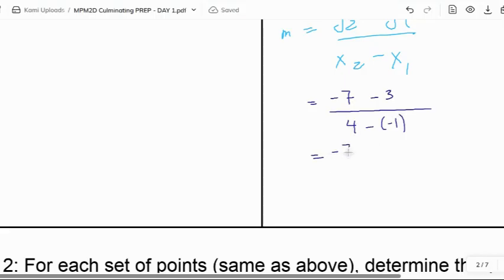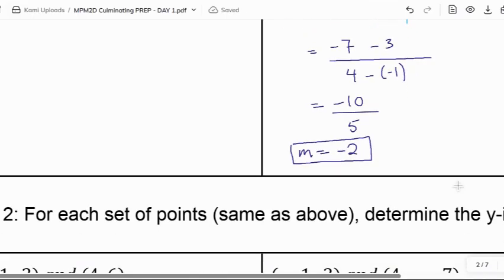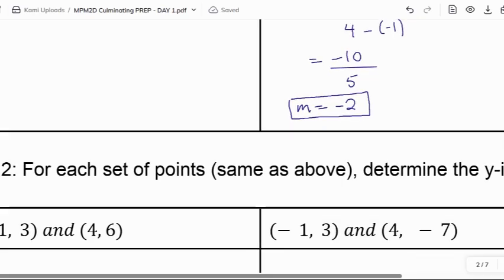So it's really negative 7 minus 3, negative 10, over 4 minus 1, that's like 4 plus 1. And then I feel pretty good because my slope is an integer. It's not always going to be an integer. Sometimes you'll get a fraction, but it's just easier to work with an integer.